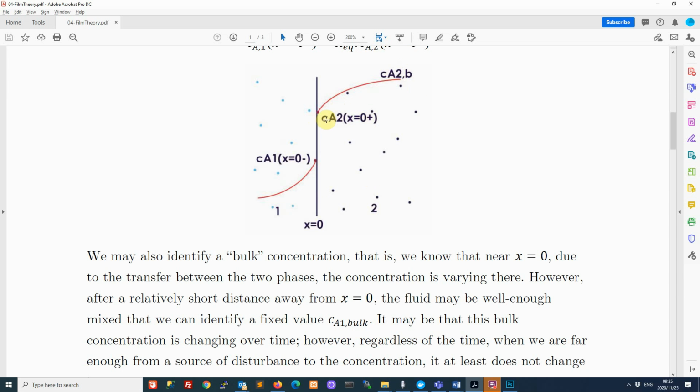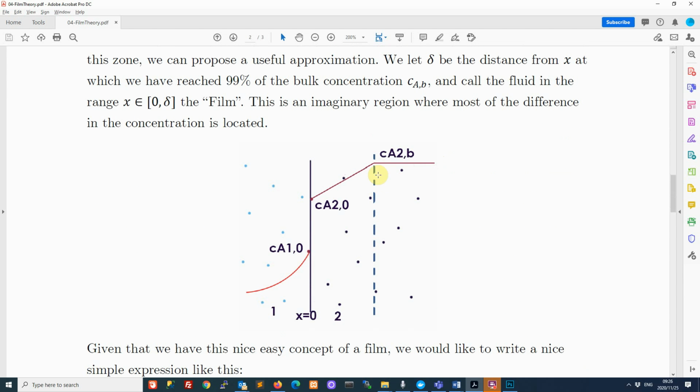And so instead of respecting this kind of profile, we say, can't we just approximate it with a straight line difference here, where we've got the bulk concentration here, and the interface concentration there, so we've got a difference between those concentrations, and there's some width, some distance here.